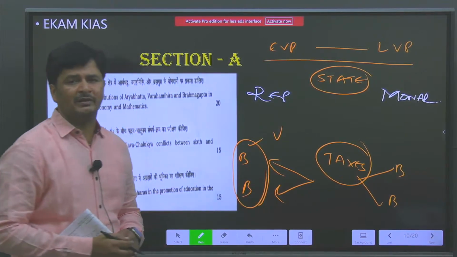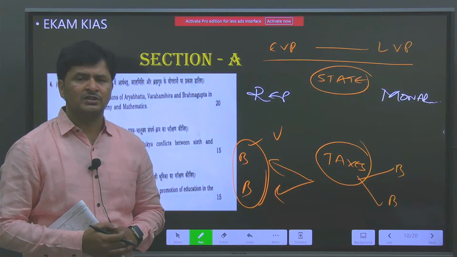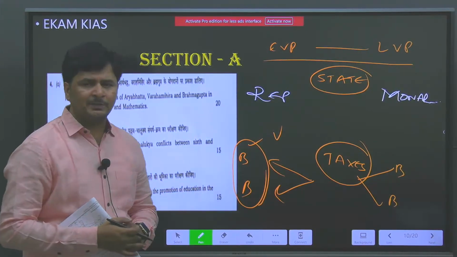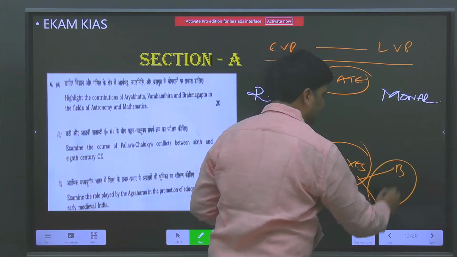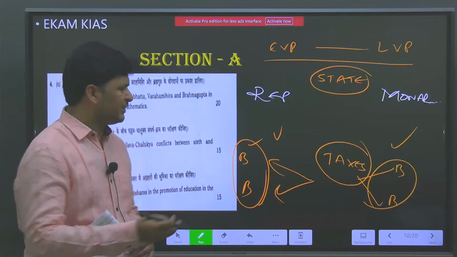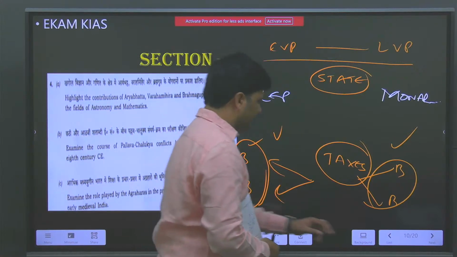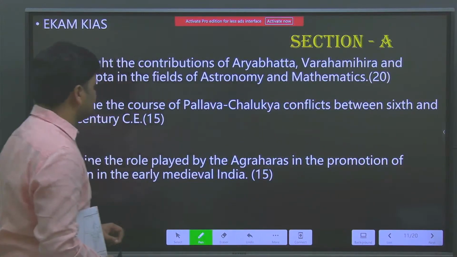They were not obligatory, in early Vedic period, between 1500 BC to 1000 BC. Now, by the time you go to later Vedic period, say 1000 BC to 600 BC, the respective taxes became compulsory, obligatory. And let me tell you, this is another question where direct information can be dumped.